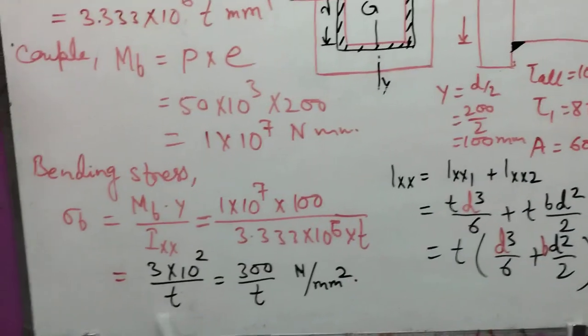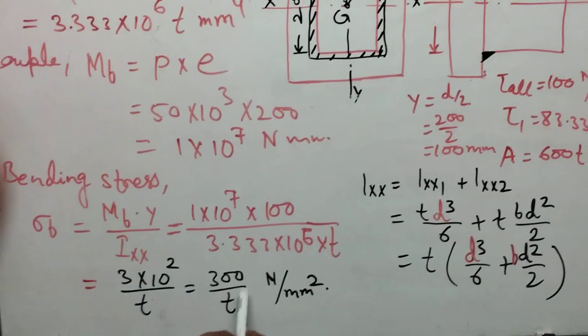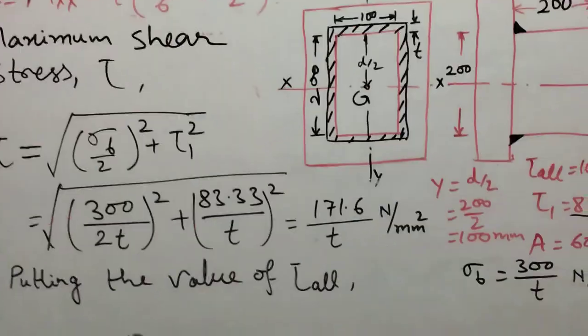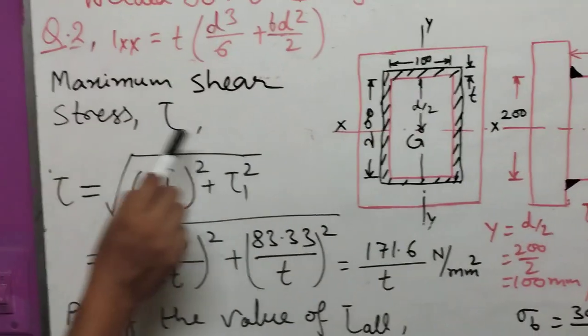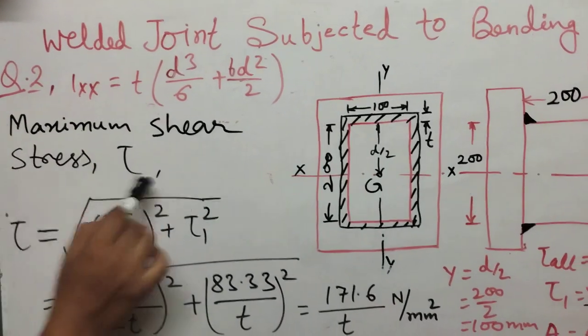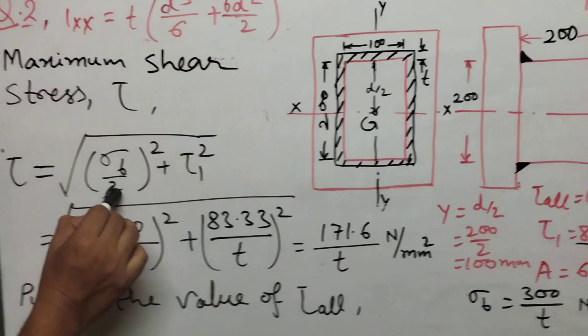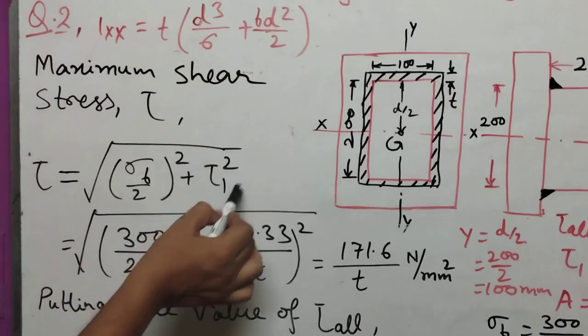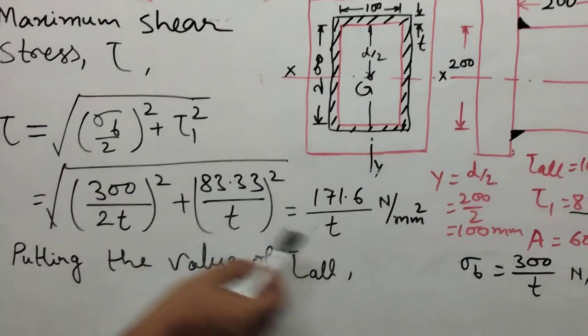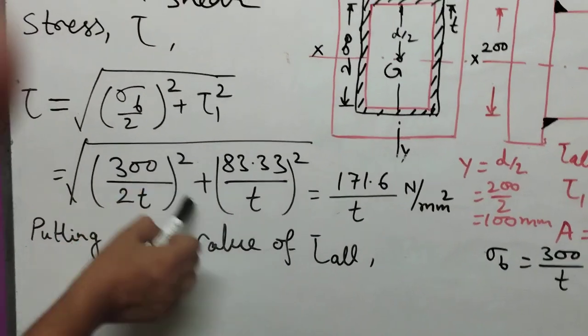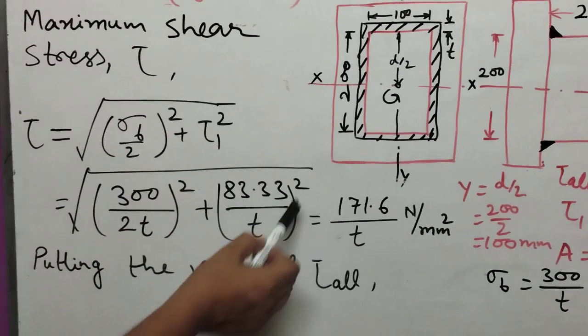Therefore the bending stress is 300 divided by t Newton per millimeter square. Now we find the maximum shear stress: tau equals the square root of (300 divided by 2t) whole square plus (83.33 by t) whole square.